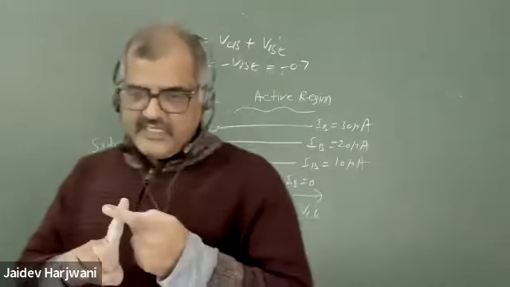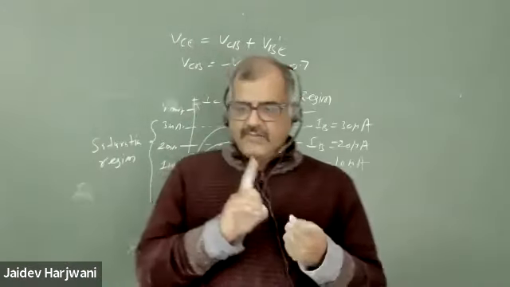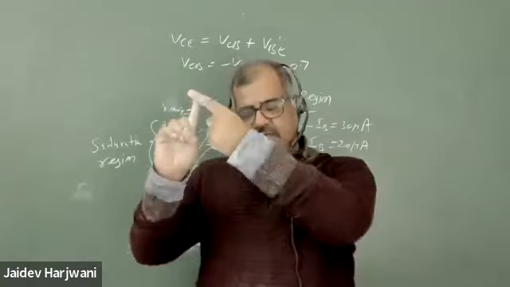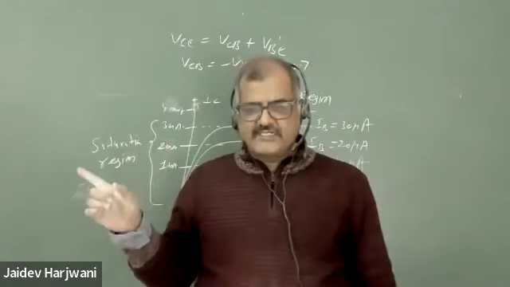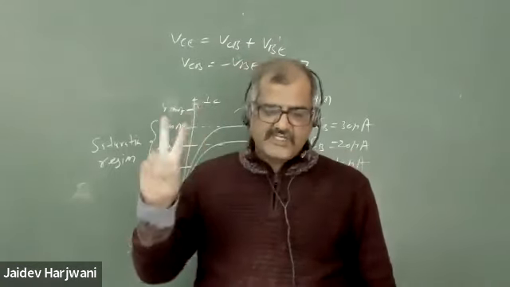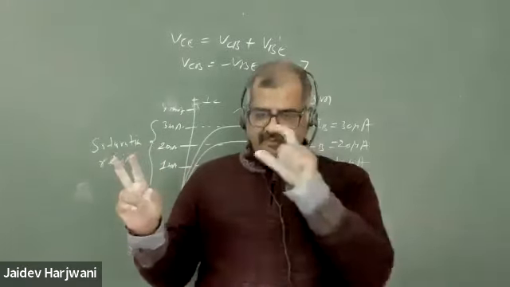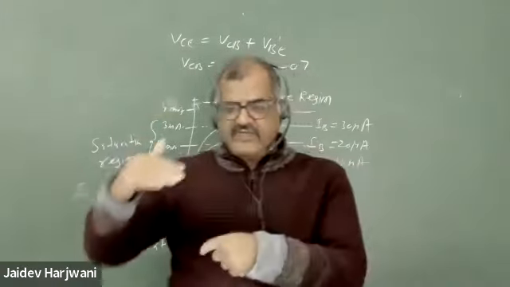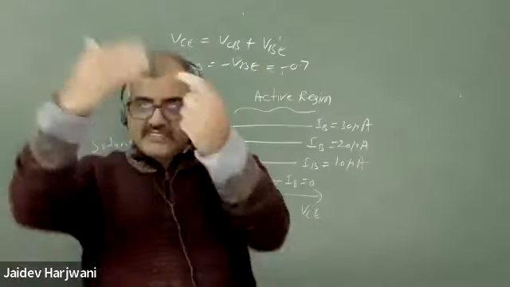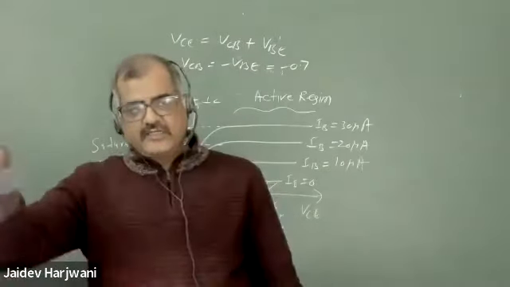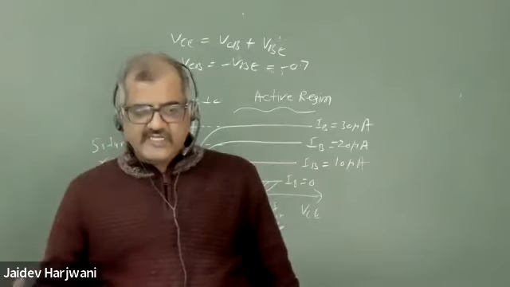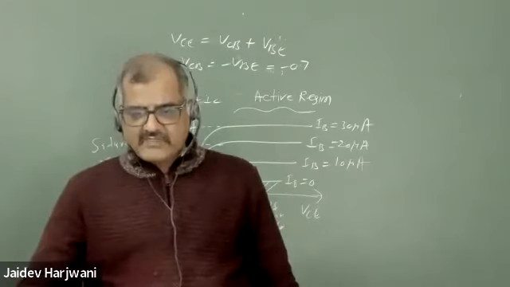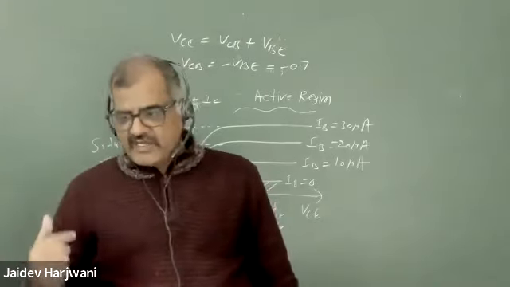We have to always see the junctions: the emitter-base junction and the base-collector junction. Those are our two main junctions. Even though we are applying VCE here, we have to always check whether my emitter junction is reverse bias or forward bias, and whether my collector junction is reverse bias or forward bias.